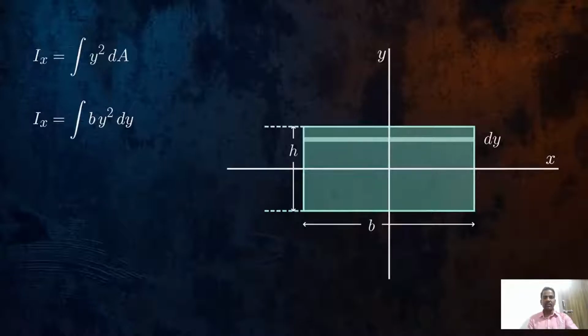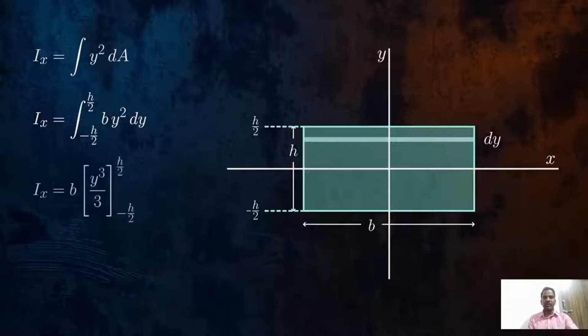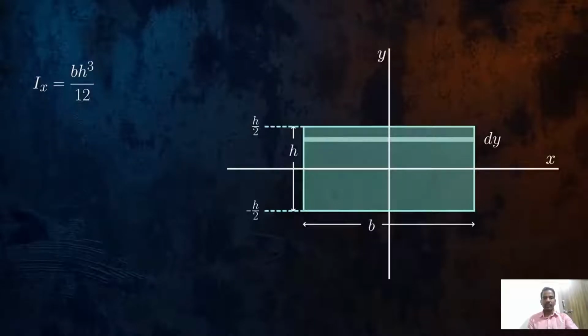If we replace with dA, we get the integration of b into y square into dy. And if we place h by 2 and minus h by 2 as the definite integral limits, Ixx is bh cube by 12. For the y-axis, you just need to replace the h and width, that is b cube h divided by 12.